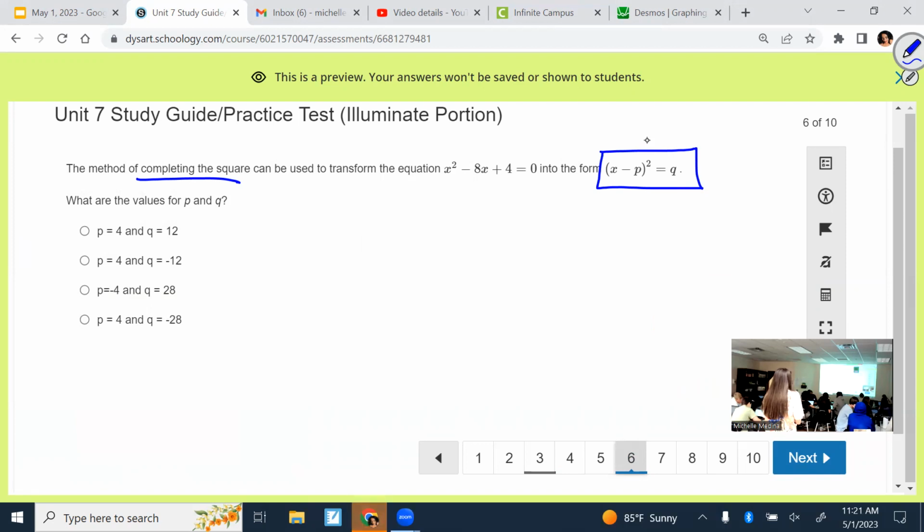So for completing the square, what's the first step? Divide b by 2 and square it. I think that's not the first step. For completing the square, does it want it in standard form like this?